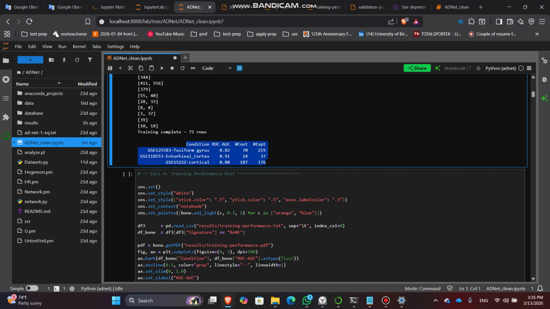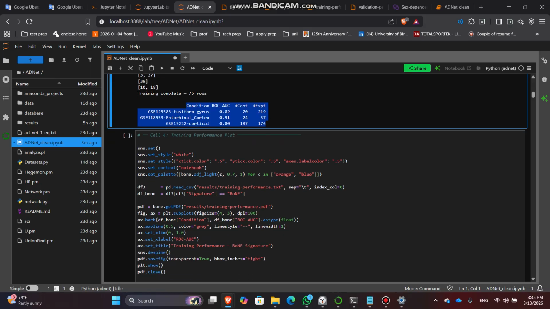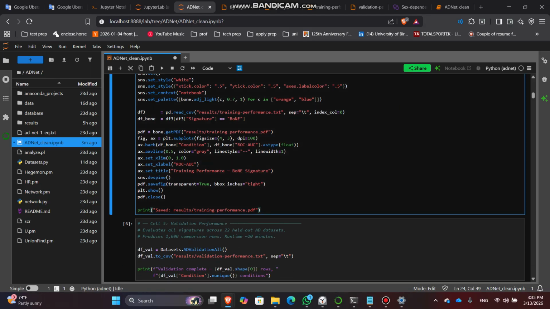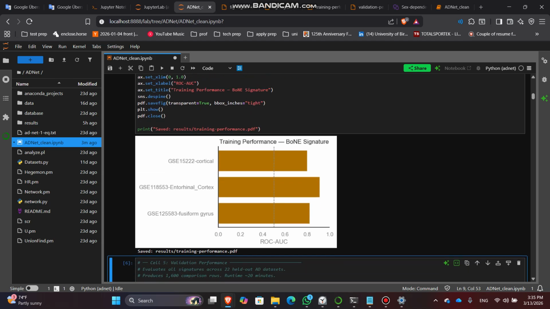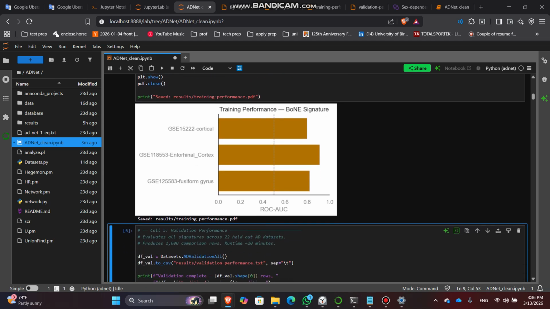Bone achieves AUC of 0.82 on Friedman 2017. And here is the training performance plot. Consistent performance across all 3 datasets.